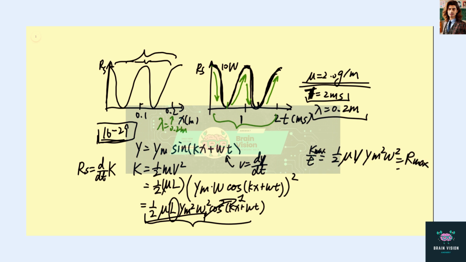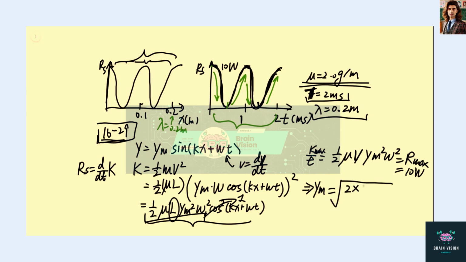And the max rate, we know, is 10 watts. Now that we have this, we know how to find y_m from all the other numbers we know.